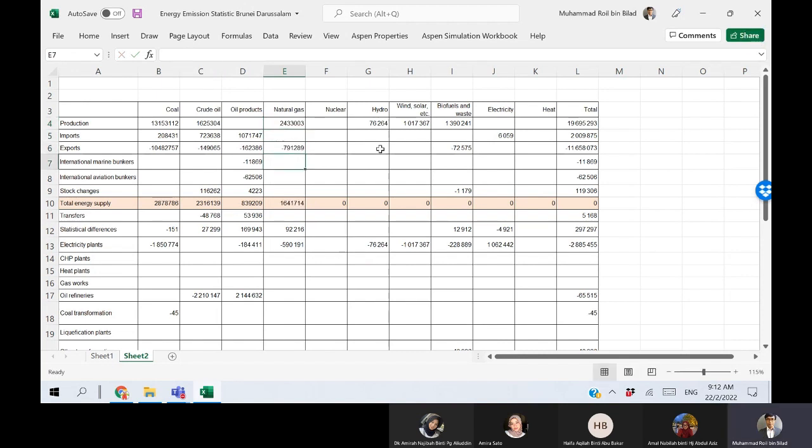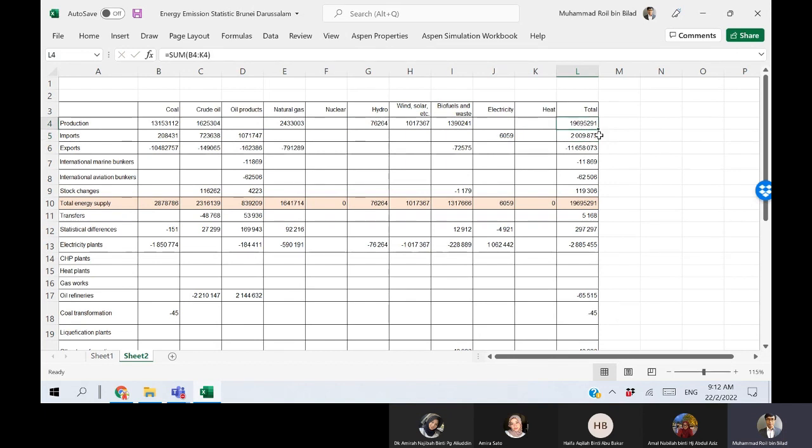So check. This one, check. This one. Okay, this one is actually the sum of the one on the right. Sum of this one. Okay, and I will drag here.